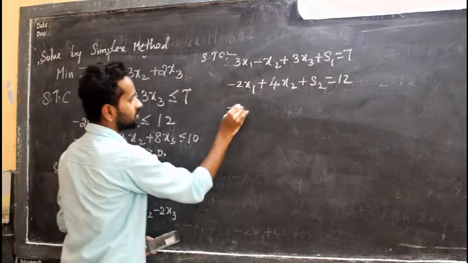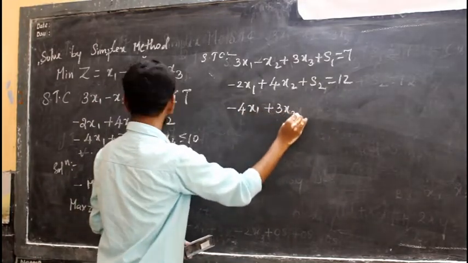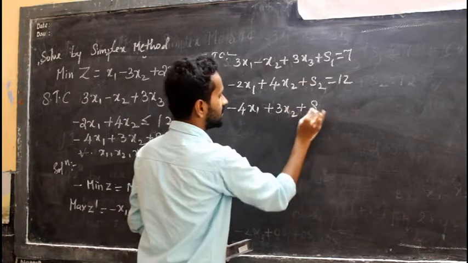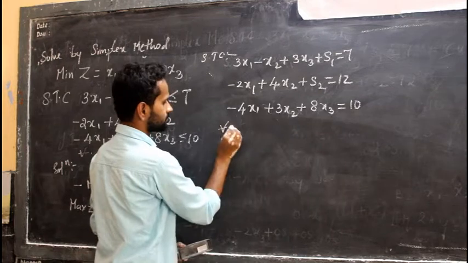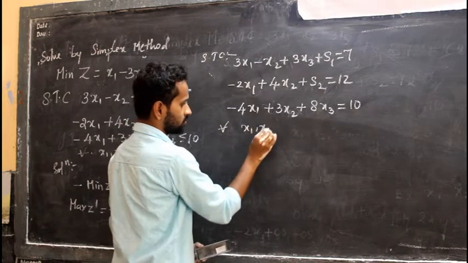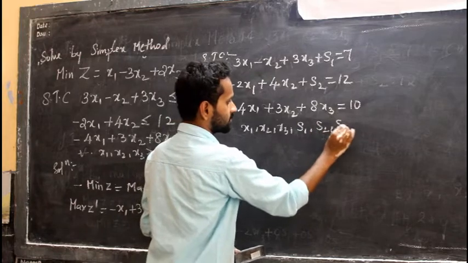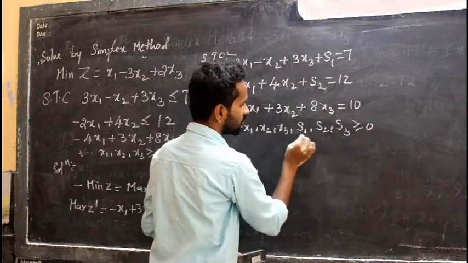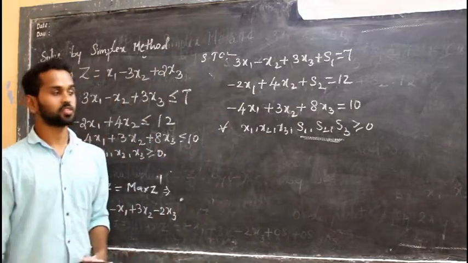Next one, minus 4x1 plus 3x2 plus 8x3 plus s3 equal to 10. For all x1, x2, x3, s1, s2, s3 greater than or equal to 0. Even my newly added variables s1, s2, s3 must also be non-negative.